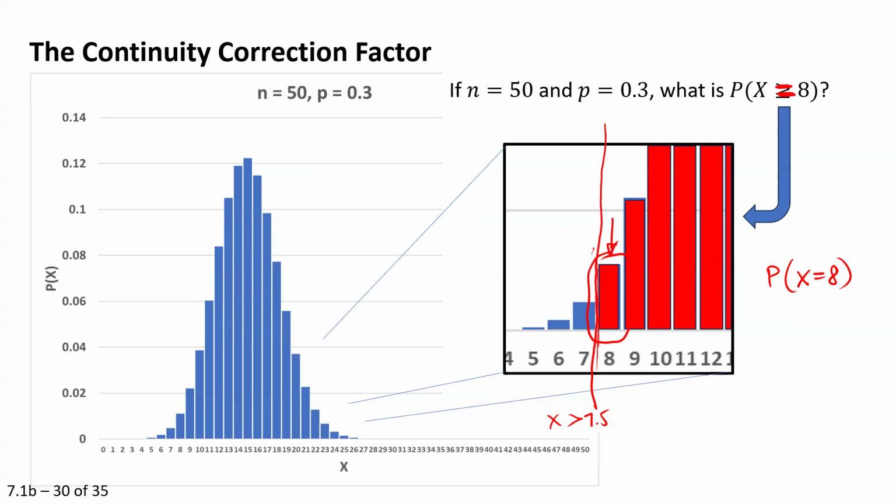X being equal to anything for a continuous distribution. Remember, it was all about where you sliced it. From here to the exact same place, how much area is in between those things? 0.